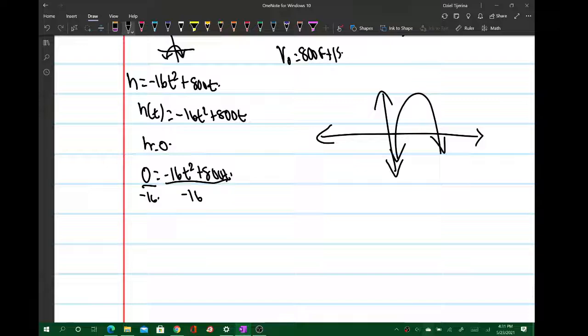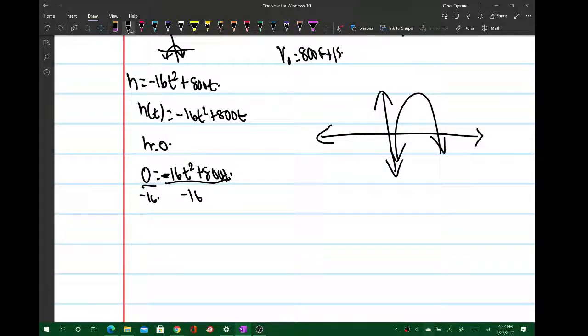You can also divide by 16, but anytime you have a negative in front of your a term, I would recommend that you divide by the negative number to make the equation positive, so you don't have to work with negatives, right?